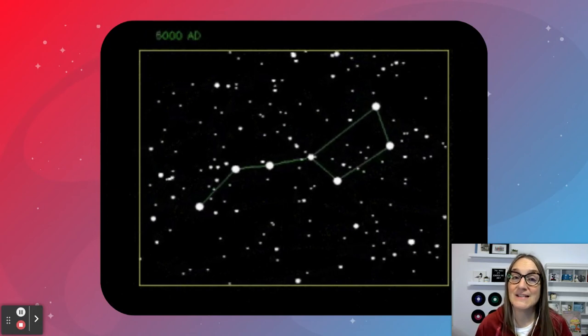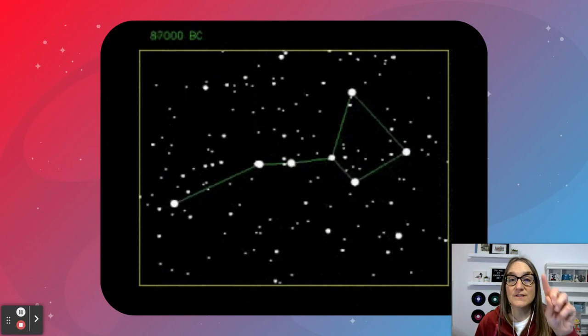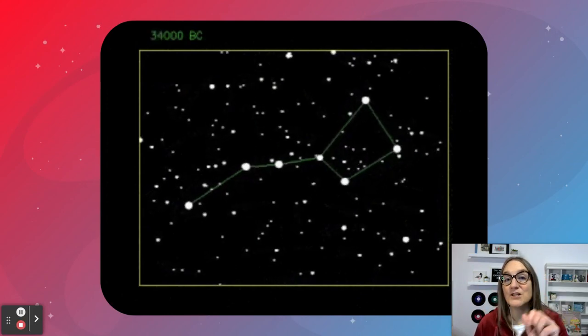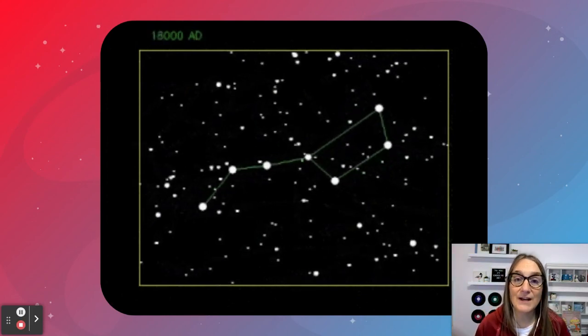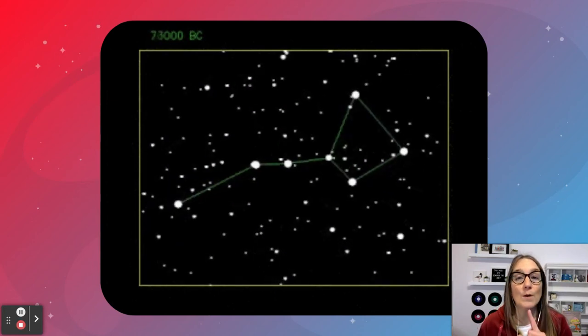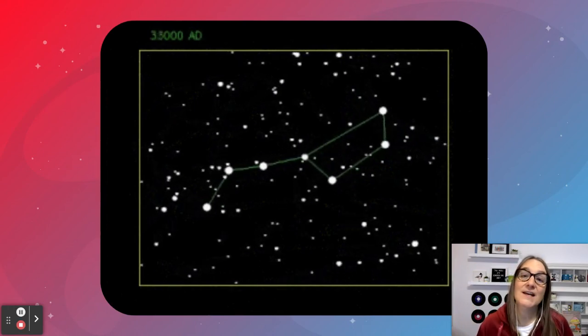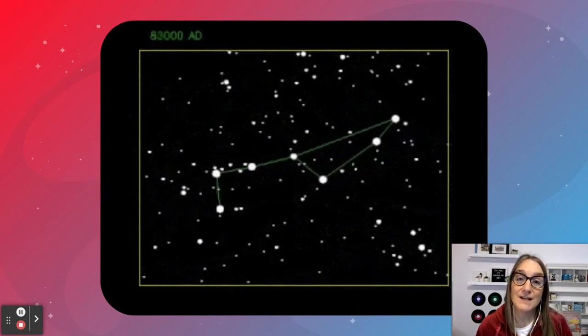That's what gives us day and night. The movement of the constellations through the sky in a counterclockwise rotation around the North Star, Polaris, is caused by the Earth's revolution or orbit around the sun, also in a counterclockwise direction, which happens once every year.